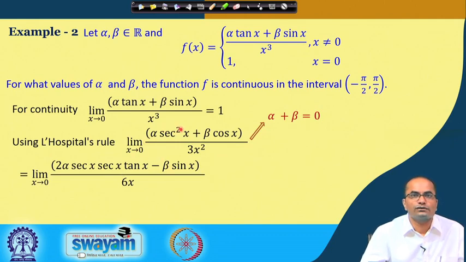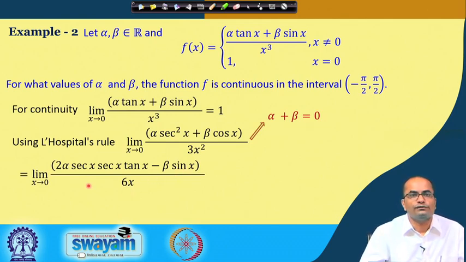Now, if we apply it, the derivative of alpha sin²x is 2 alpha sin x, times the derivative of sin x, which is cos x. And the derivative of cos x will give you minus sin x, so it is minus beta sin x, divided by 6x.